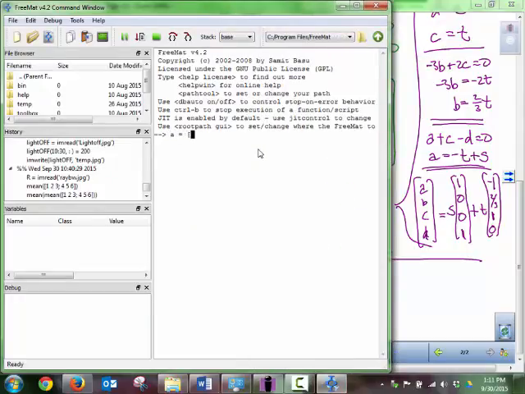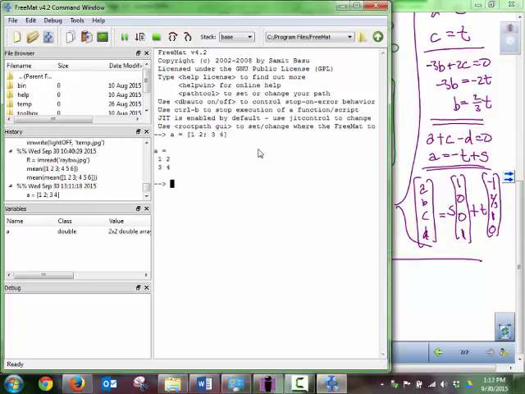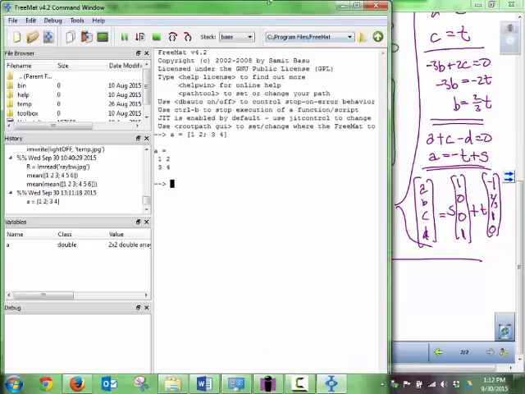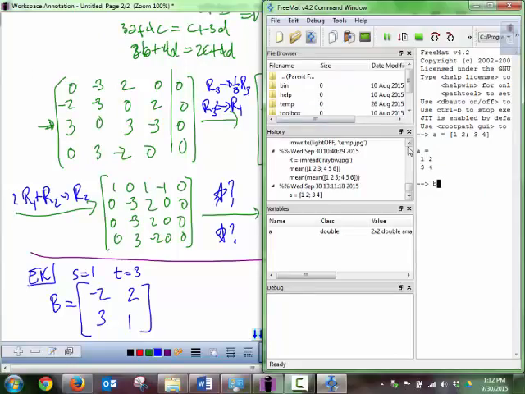So A is 1, 2, 3, 4. And for this particular example that we're checking, B was -2, 2, 3, 1.